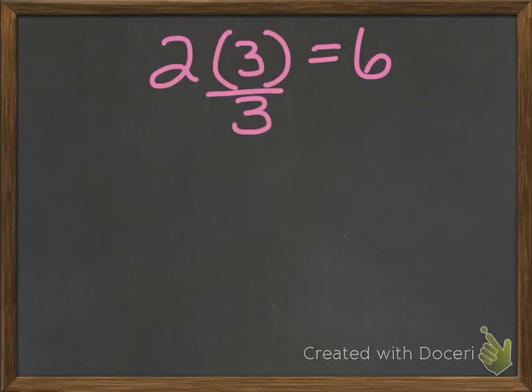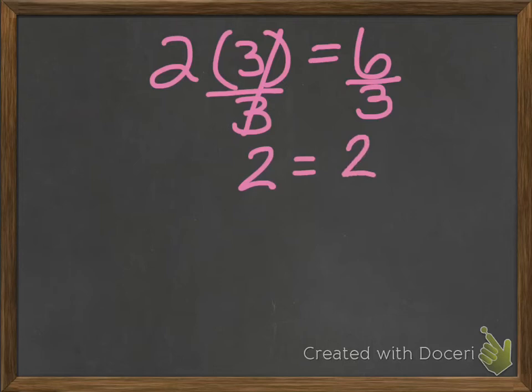Well, 3 divided by 3 is going to be 1, so I'm left with 2 times 1 is 2. So if I'm dividing by 3 over this side, I divide by 3 over here to keep my equation balanced, to keep it equal. So 6 divided by 3 is 2. So it works, doesn't it?